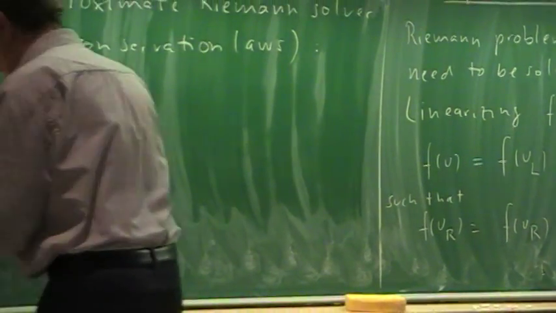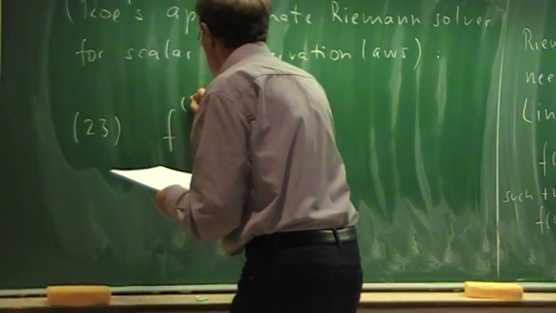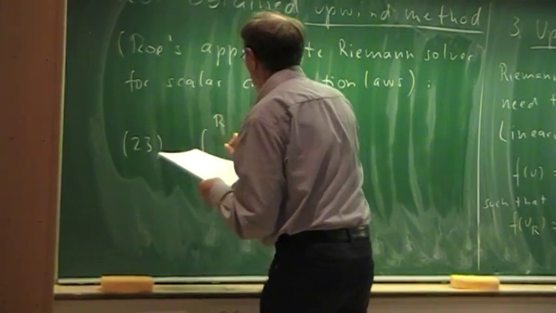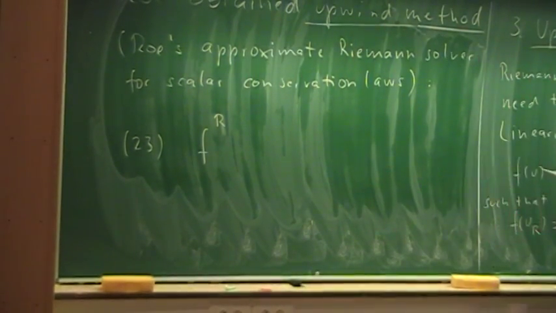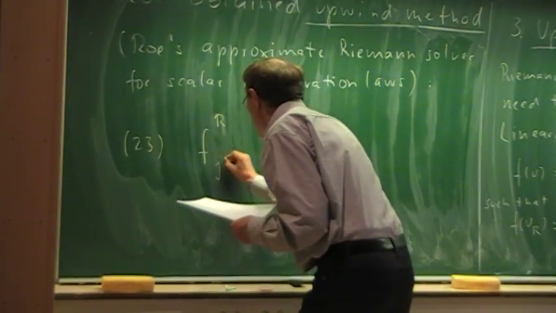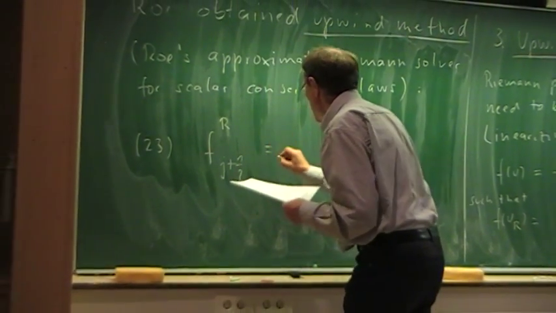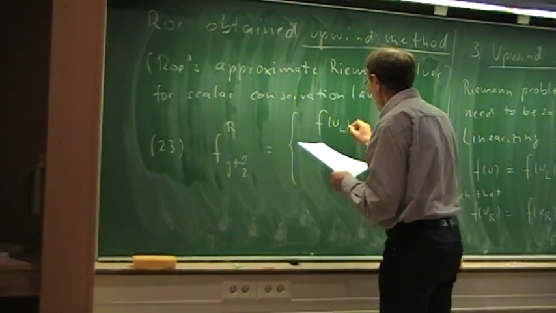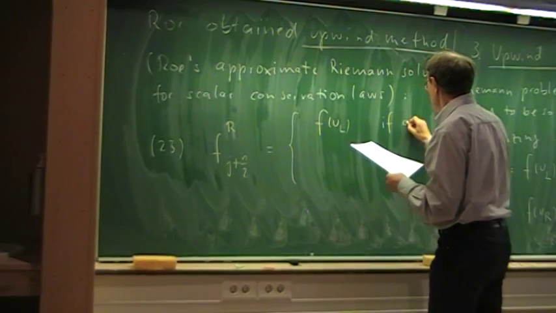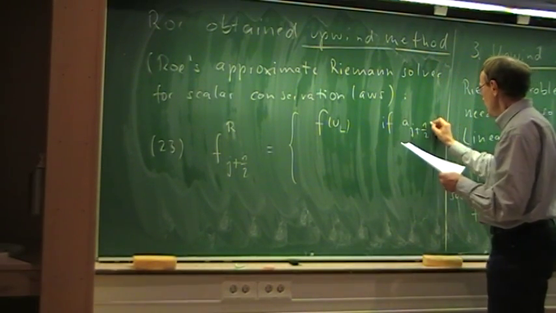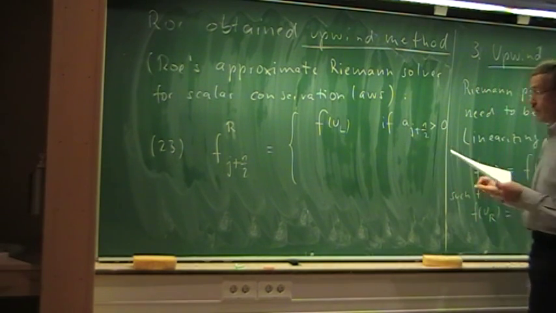So 23. And now I denote the flux by R. So F is the flux at the phase K plus 1/2. And we would get F of UL if this characteristic speed that we have used is greater than 0.